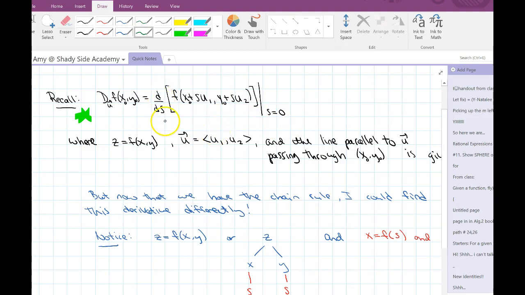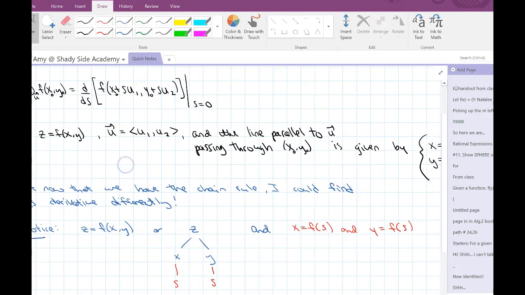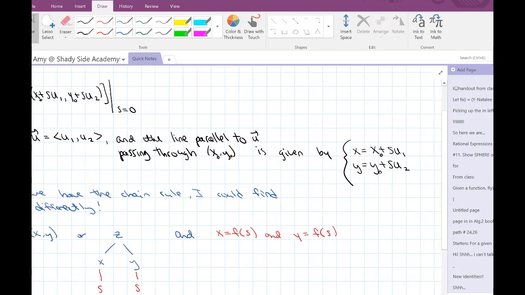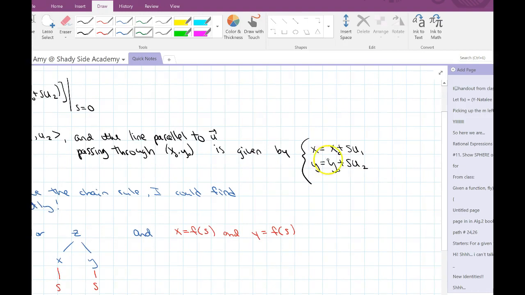It's the derivative with respect to s of f of x plus su1, comma, y naught plus su2, where, and here's what's important, z is a function of x and y, u is a unit vector with components u1, u2, and the line parallel to u passing through the point x naught, y naught is given by x equals x naught plus su1, y equals y naught plus su2. Here's where I may have used t before, but again, that is an insignificant difference.